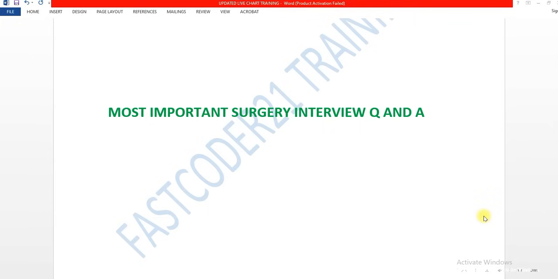Autograft, allograft, and xenograft. Those are skin grafts, not bone grafts. Don't get confused. Autograft, allograft, and xenograft are all skin grafts.